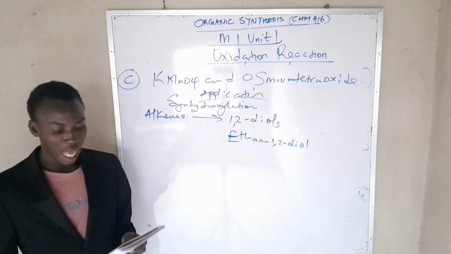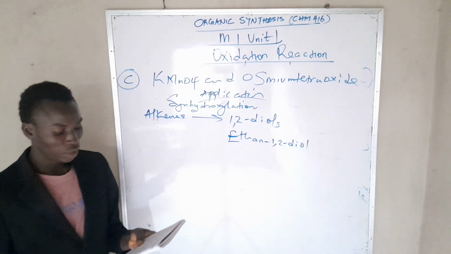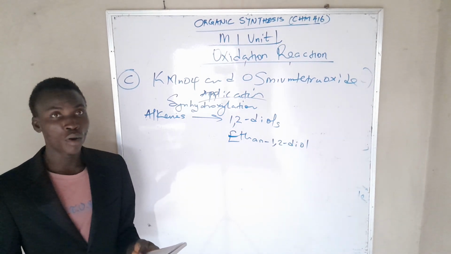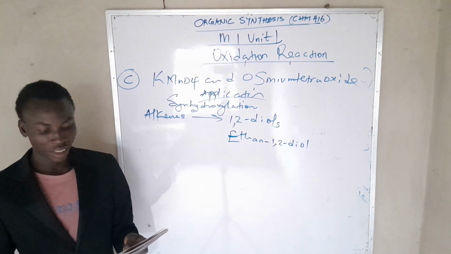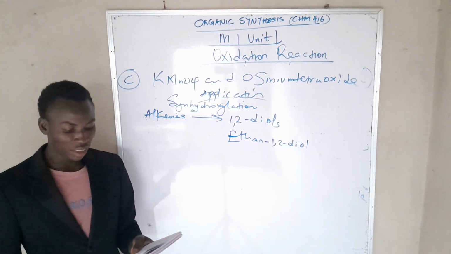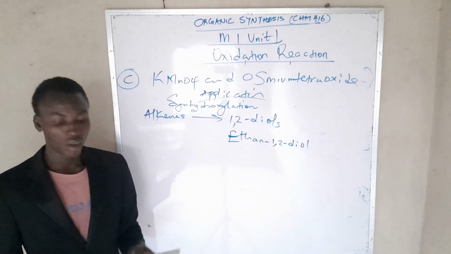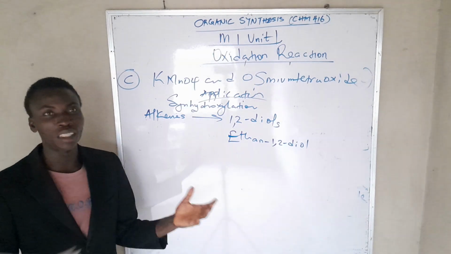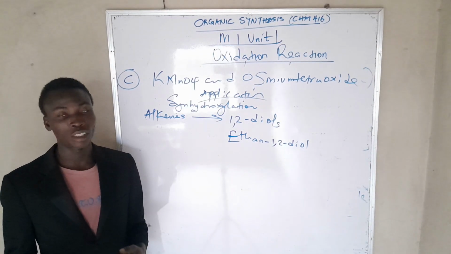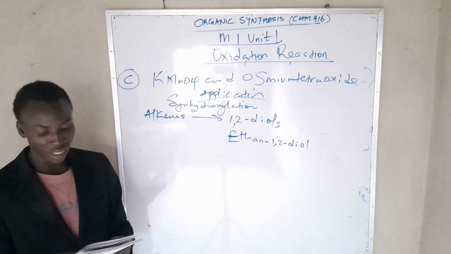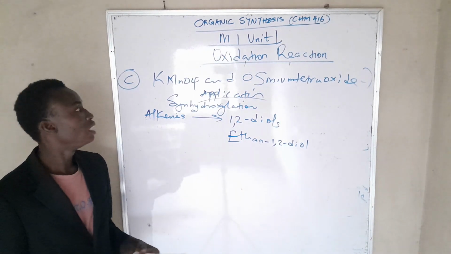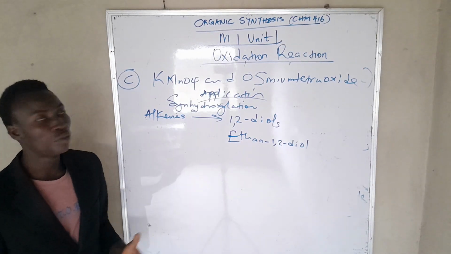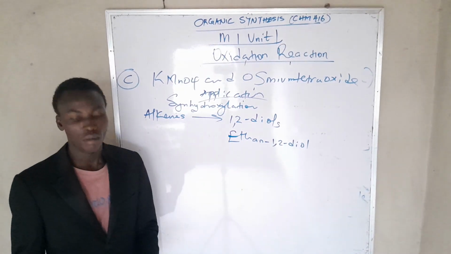The second one that we also have there is osmium tetraoxide, which gives excellent yields of 1,2-diol. This is when they ask you to explain the process, which is also common in past questions. They ask you to explain the process involved in using osmium tetraoxide or KMnO4 to get these needed products.